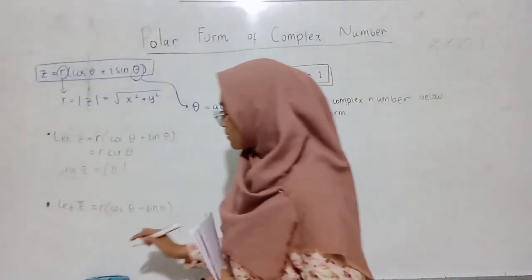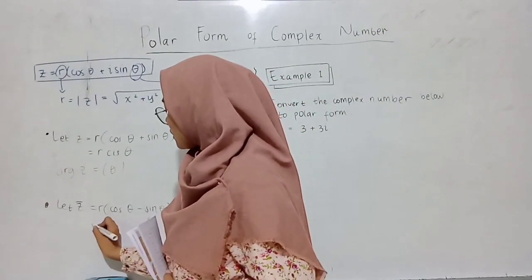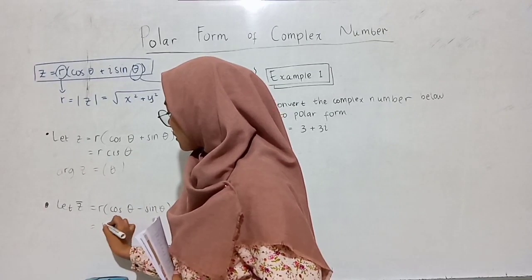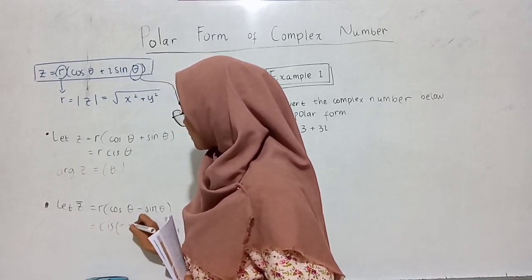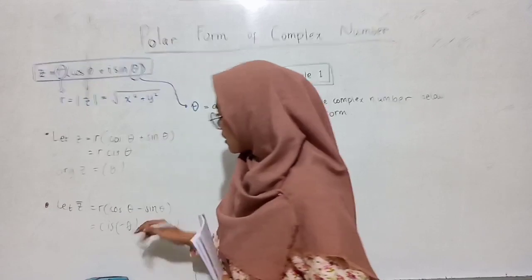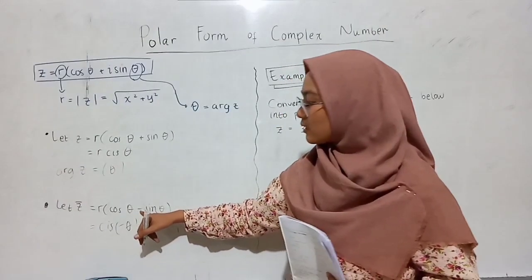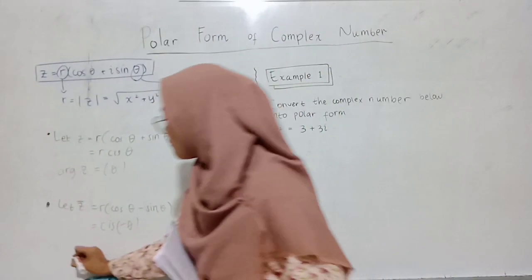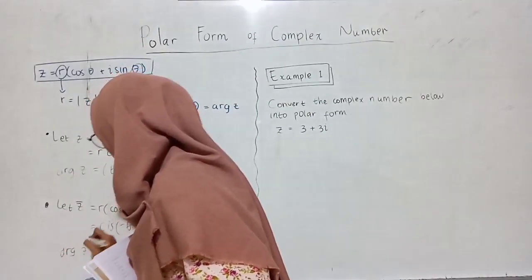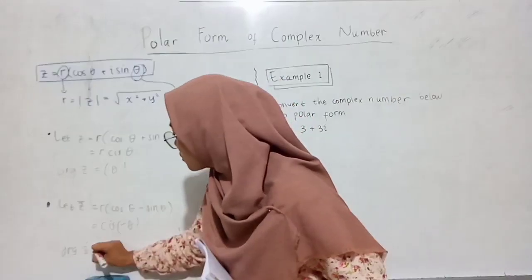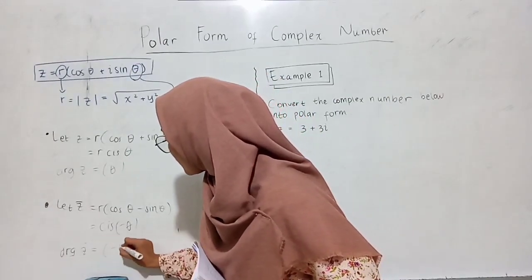And for Z bar, which equals r cos theta minus i sin theta, since the sign is minus, we find arg Z bar equals minus theta.